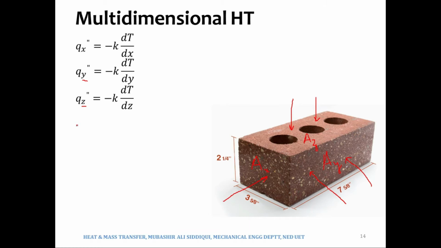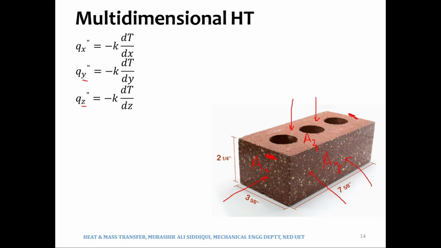See, the heat flow in any particular direction will depend upon its temperature differences. So for example, if this face is at a temperature of, for example, 100 degrees Celsius, and the face on this side, which would be opposite to this one, has a temperature of 30 degrees Celsius, then the heat will flow in X direction, right?